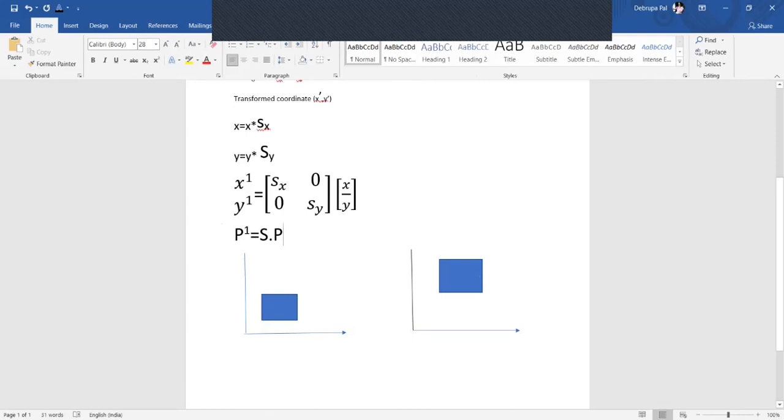So this is the concept of scaling. If the scaling factor S is less than 1, then we reduce the size of the object. If the scaling factor S is greater than 1, then we increase the size of the object. So this is the concept of scaling.